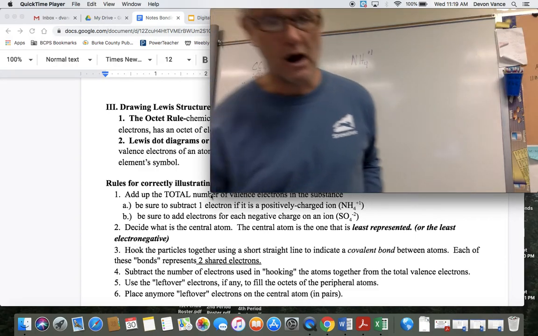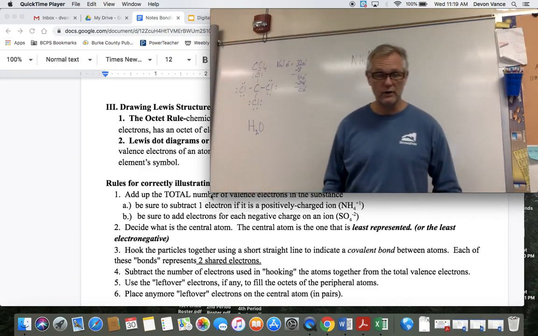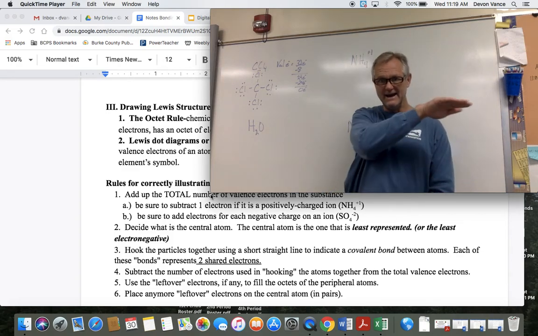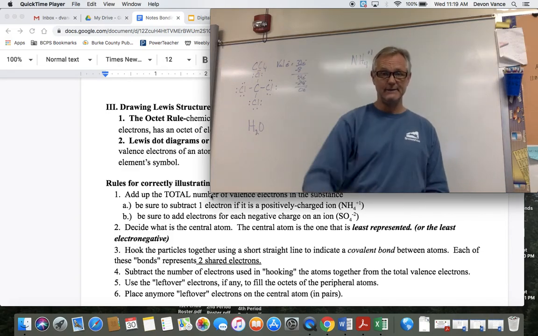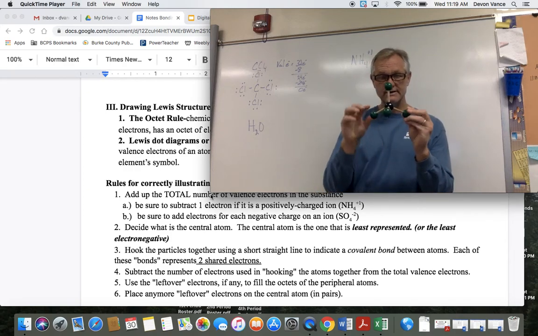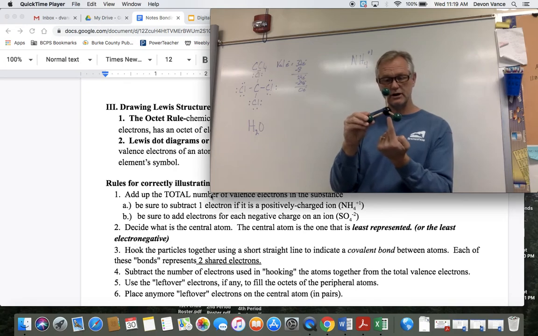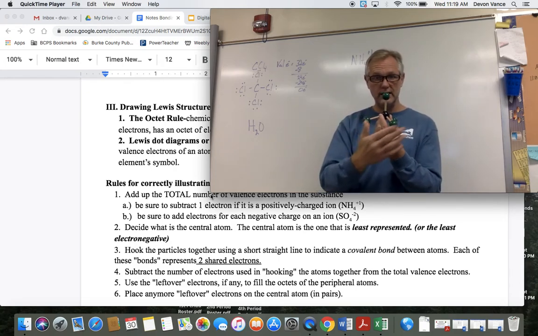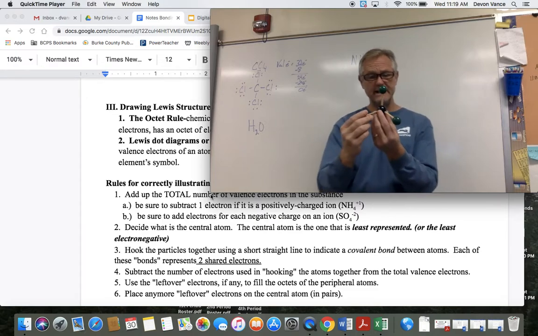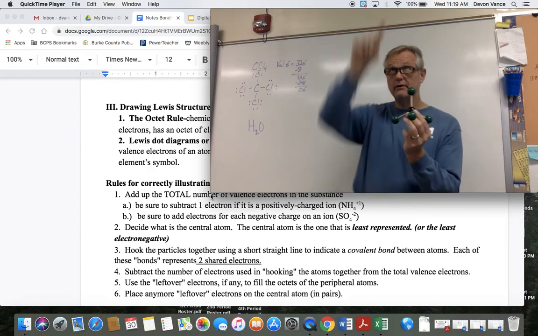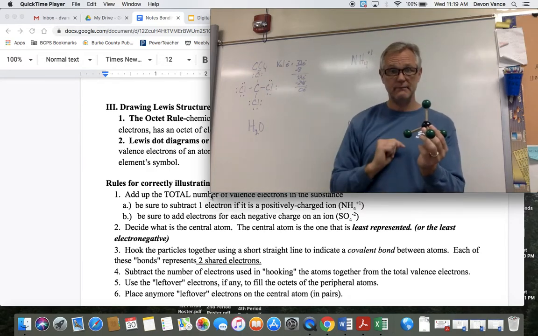Now guys, they're not going to be in a plane. We do it in 3 dimensions. You have to remember you have a Y, an X, and a Z. So if I look at this, this is the structure. You can see, and I've got a model kit, the carbon is going to be black, and then the chlorines are going to be green, and they're going to be spaced out as far as they can get from one another, but they're not going to be on the same plane.